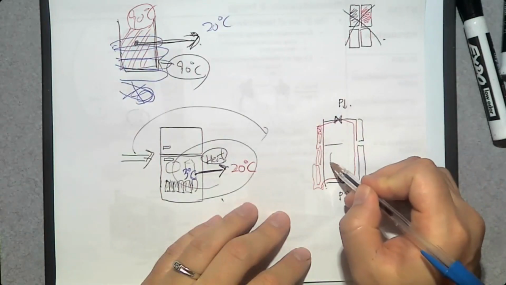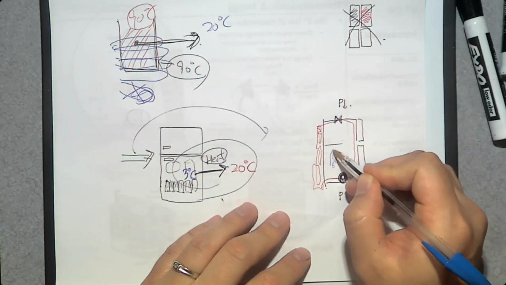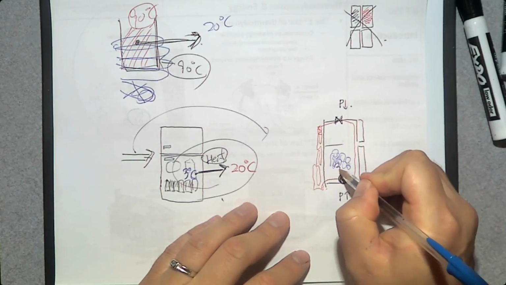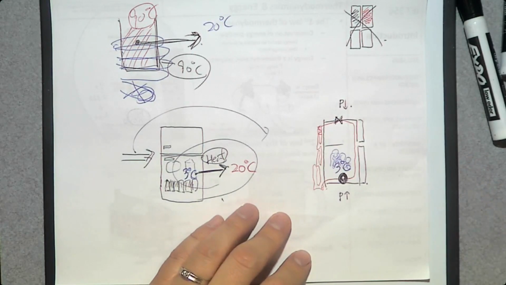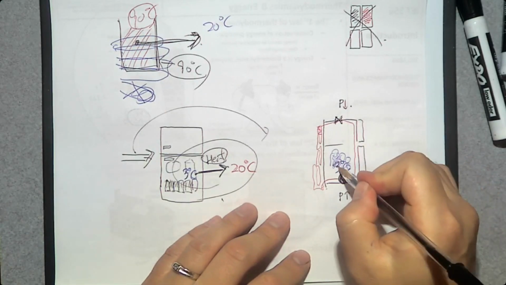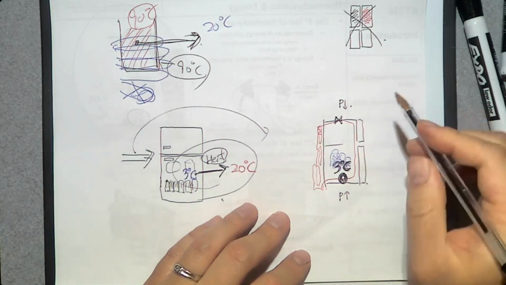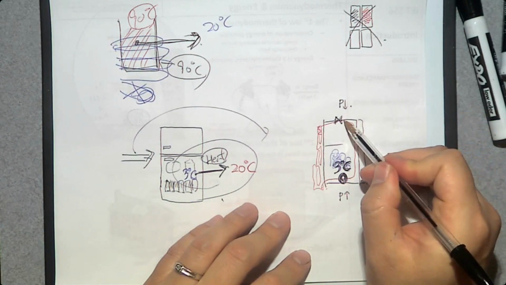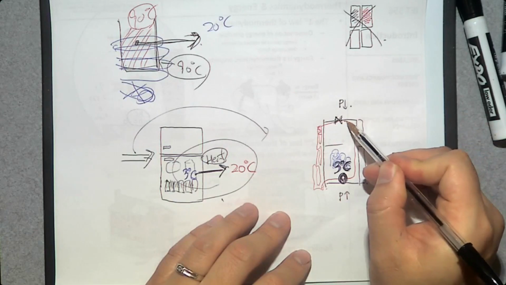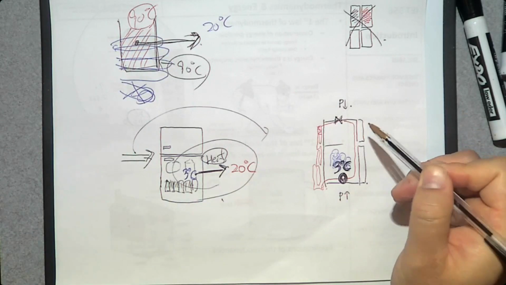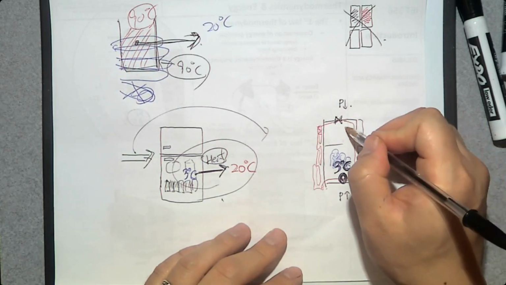Inside the refrigerator, we have the food, chicken and milk and everything, at about 3 degrees Celsius. And the temperature of the refrigerant flowing through inside is going to be lower than 3 degrees Celsius.